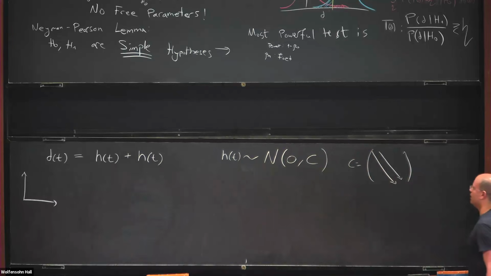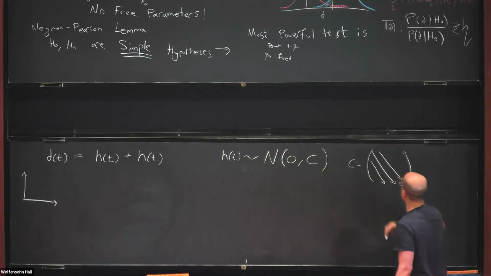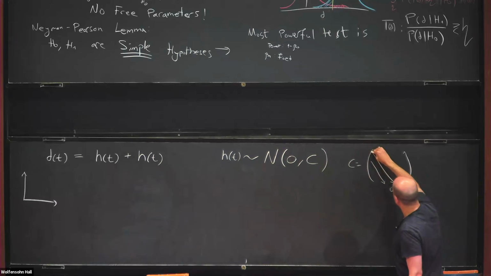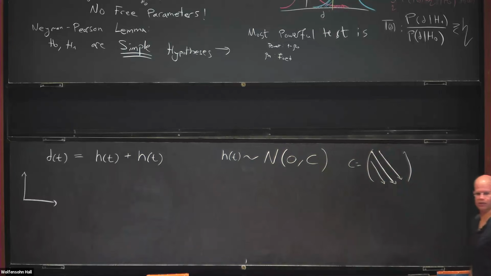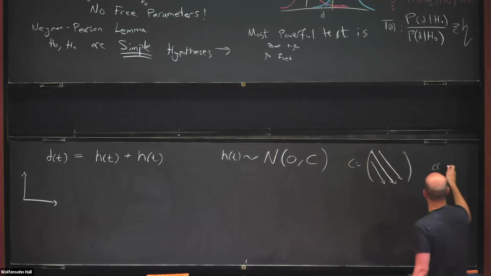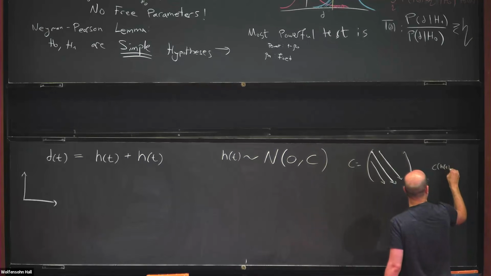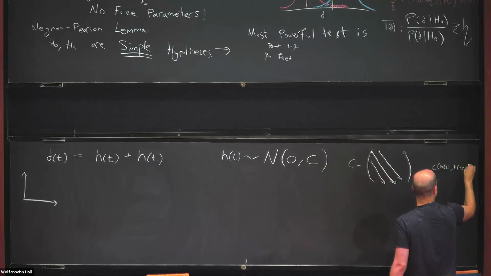Actually he said Toeplitz, whatever. So there's this value and it repeats over, and this value repeats over. In algebra terms, this is C of n(t) n(t plus tau), which is, I don't know, the autocorrelation function of tau.